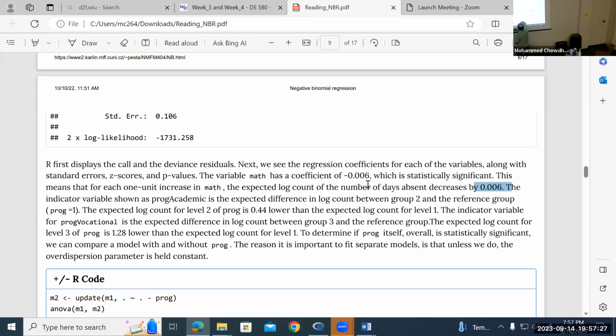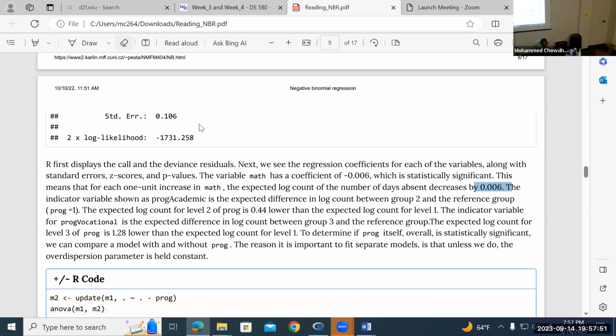Now come to the other explanations. The same explanation in the lower part, they explain the same thing again in terms of incidence rate ratio. Okay, the indicator variable shown as prog academic is the expected difference in log count between group 2 and the reference group. So there are 3 groups in there.